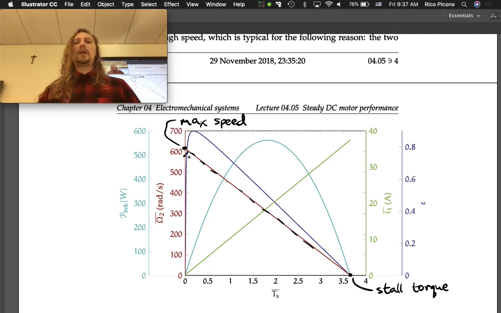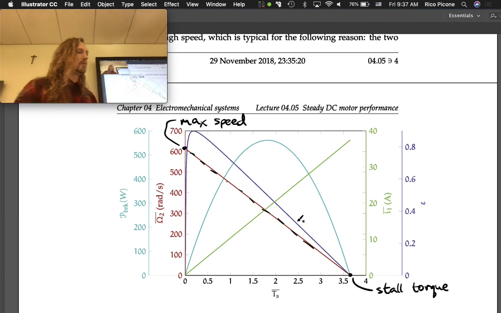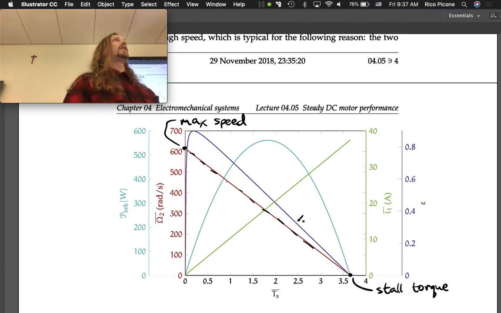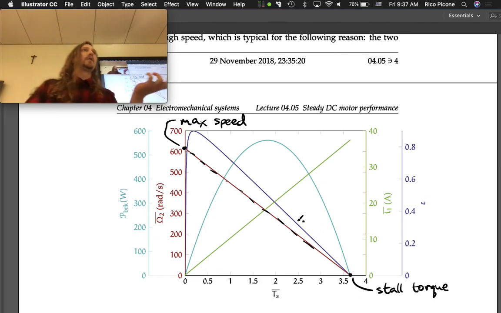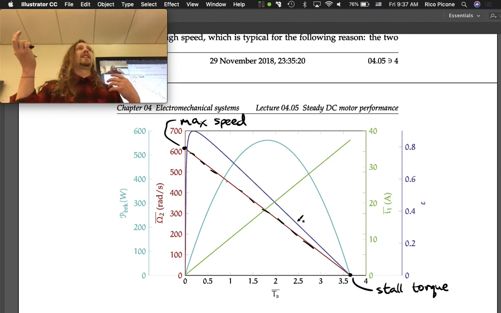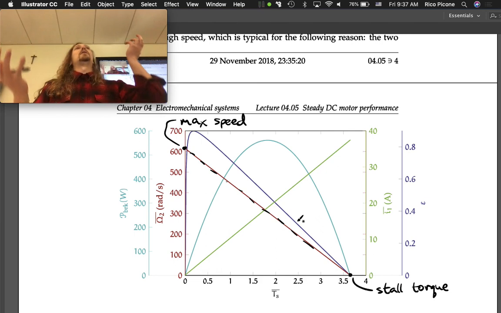So you trade off in between here the amount of torque you can deliver to your load and the speed that you're at, which is a very common thing to think about when you're speccing out a motor. You have a sort of choice between speed and torque. You trade them off.